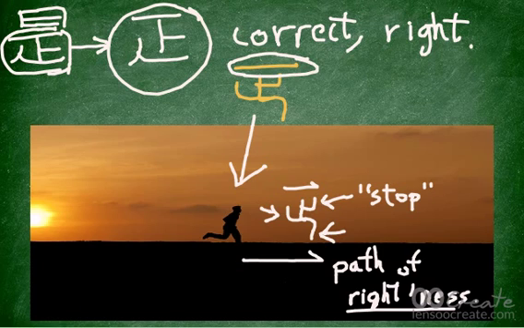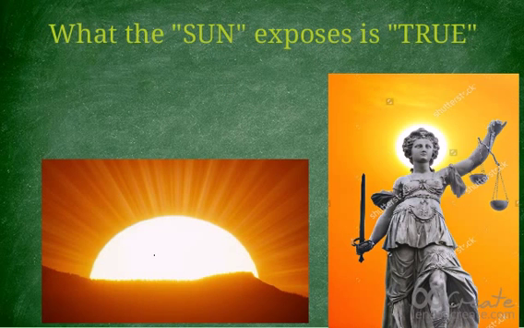So let's put them together. And to get the essence of the character, that's what it's going to say. What the sun exposes is true. So again, writing the characters together.